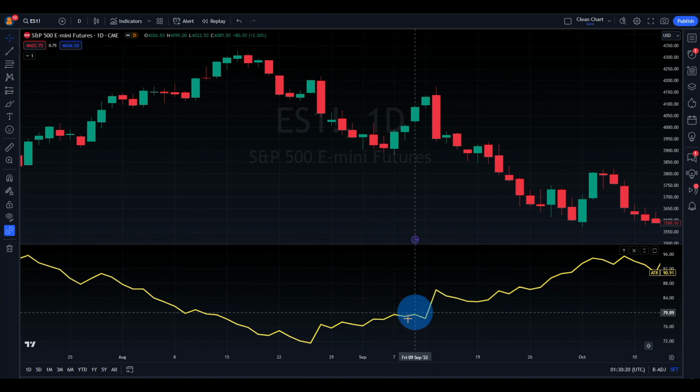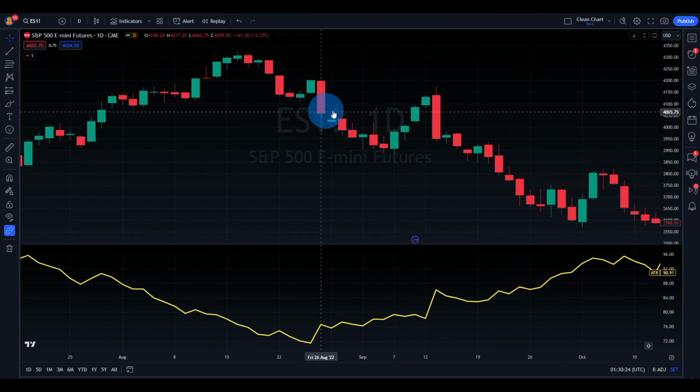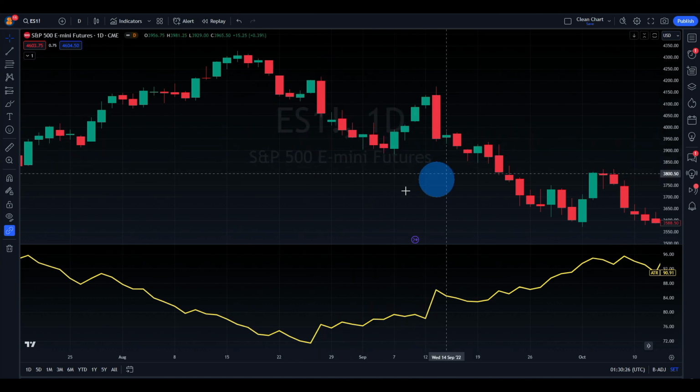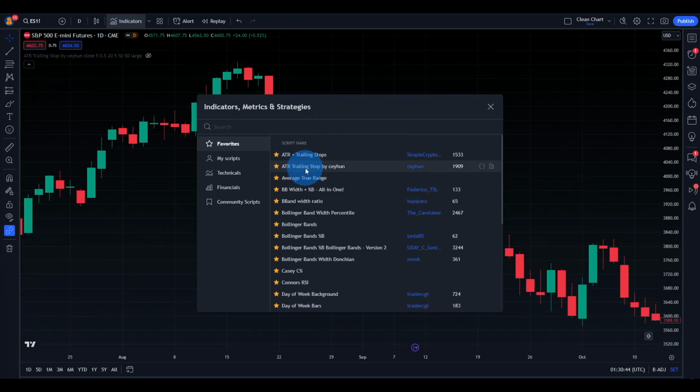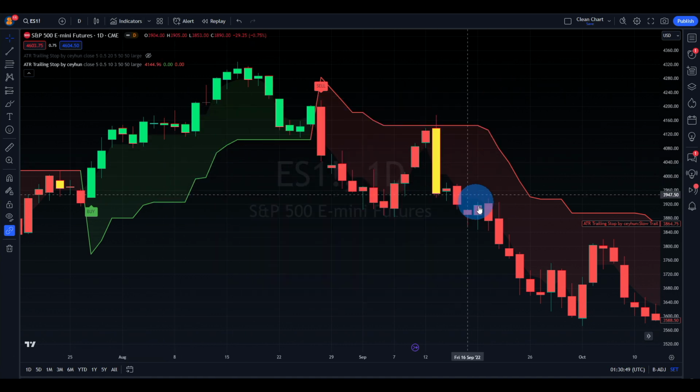Now, instead of doing this manually by calculating and plotting it here, we have another indicator that can plot this on the chart. If you go to indicators, there is a trailing stop by Seihan. If we click it, this is what we get. Basically, this is calculating the close minus the ATR and plotting this line as the stop loss.